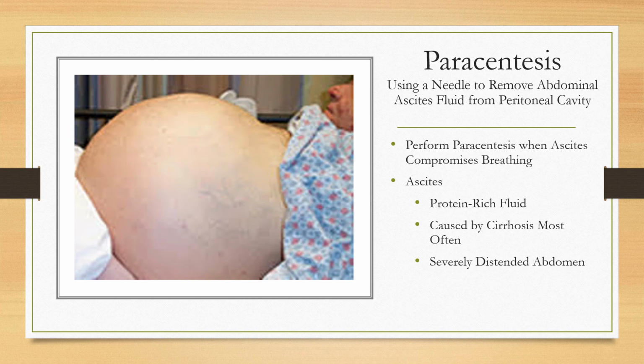Now, typically patients after this procedure are really content because they can breathe easier and it doesn't feel like their abdomen is under so much pressure. Okay. The fluid itself that we've allowed to drip into a, say, a bag or a bottle, we always look at the color of it, the consistency. We like to see that it's kind of a straw yellow color.